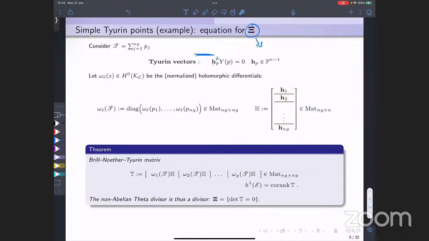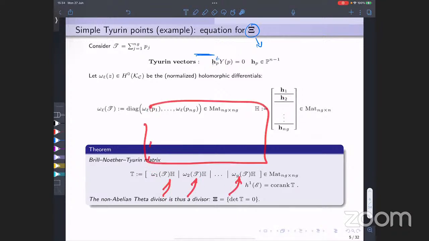Then you choose any basis, for example, the normalized basis of holomorphic differentials. And with this notation, I simply mean the square diagonal matrix where you evaluate this particular differential at each of the single Tyurin points. And then you cook up this matrix. So this is a tall rectangle because it's this rectangular times this one. And you stick g of them, and now you get a square matrix of size ng times ng.